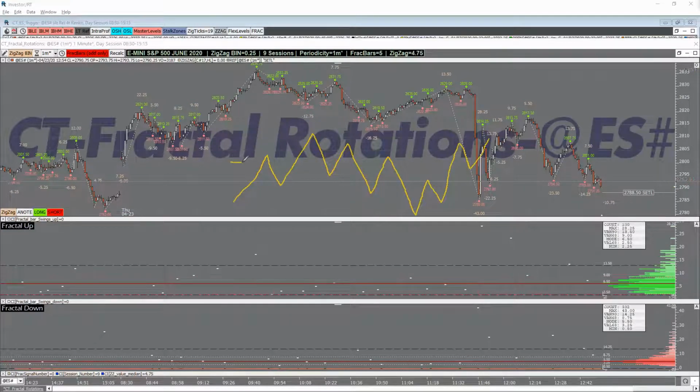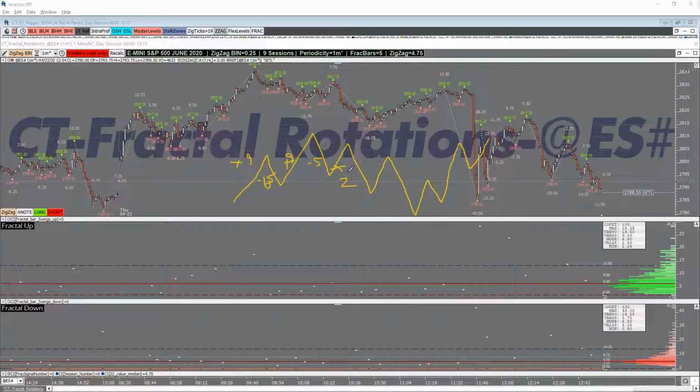If it's rotating +9, -6.5, +9 maybe again, -5, and I come in here and get long with a 2-point stop when it normally rotates anywhere between 2.5 and 9 points, the probability is really small, 2-3%, that the market will pay me with that small stop. I need a large stop.